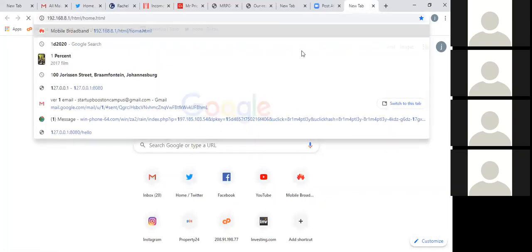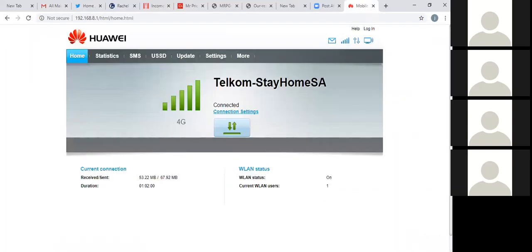So just tell me the amount of data that you used for this session. Is that okay? Okay, no problem. I used 53 megabytes. You used 53 megabytes. Okay, awesome. I'll get back to you. You can send it to me via WhatsApp. It's fine.